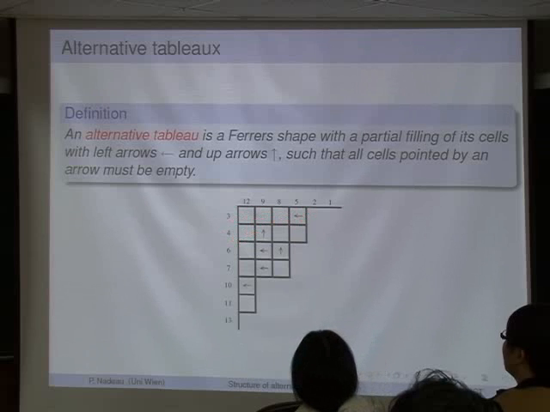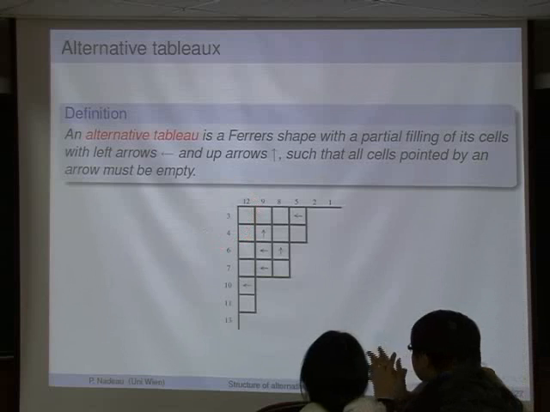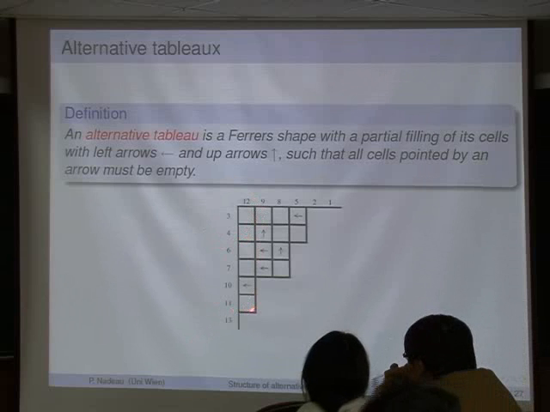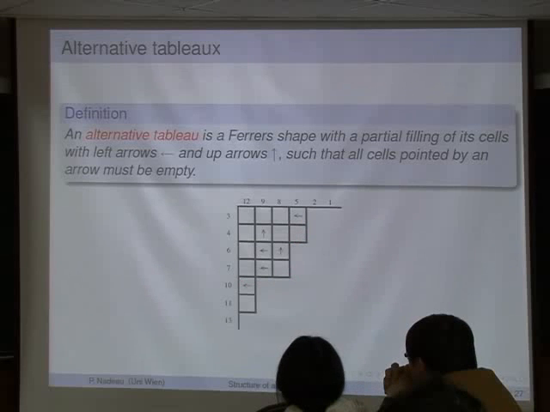This one is free because there is no arrow here, there or here that points to it. So I will label it with the coordinates 4, 12. Okay, the cell 4, 12 is a free cell. You have also 11, 12, okay, 7, 8, and 4, 5. I think that's all. There are 4 free cells in this particular alternative tableau.